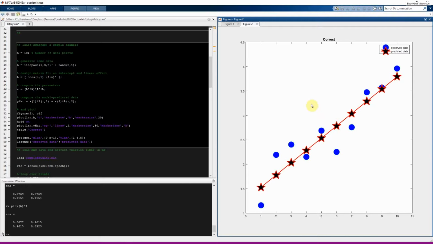I don't have a lot of examples here of where this doesn't work, but it's important when you're computing these models to plot the data like this, plot the original data and plot the fitted line, because it's very easy to make an innocent little MATLAB mistake and end up with the incorrect result.